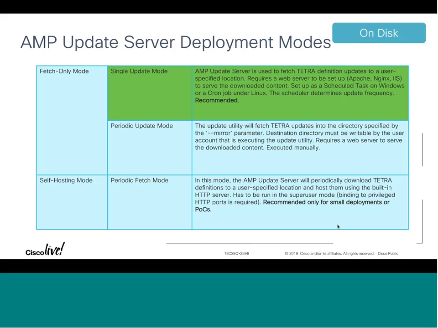That is by far the easiest to deploy in the enterprise scenarios here. Periodic, again, is the customer-provided web server, but our update utility is then handling the scheduling.